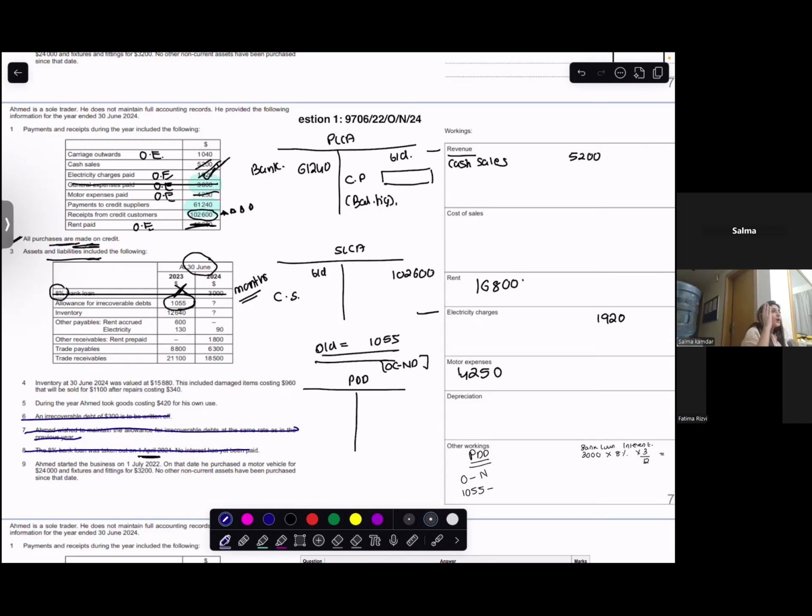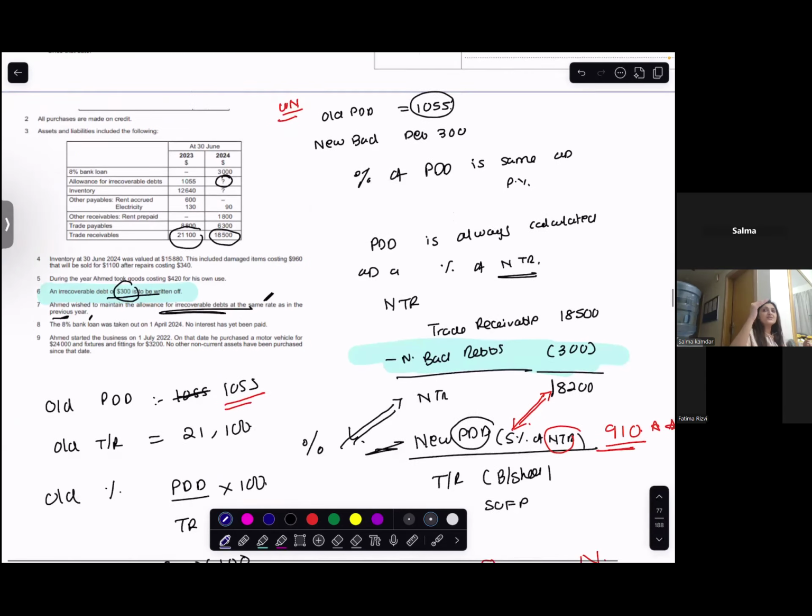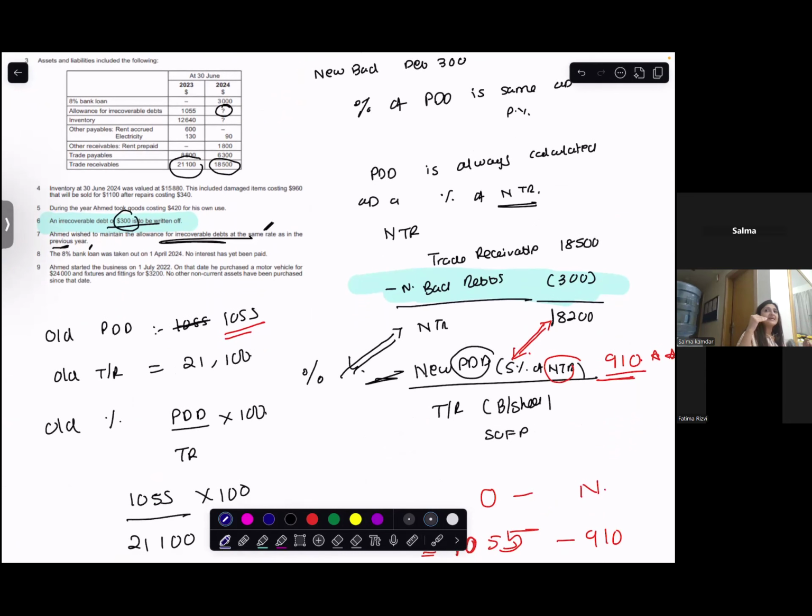Okay, just old minus new. If it is positive, other income. If it is negative, other expenses. Old will not come anywhere. New will not come anywhere. New PDD is calculated as a percentage of NTR. NTR is trade receivables minus new bad debts.